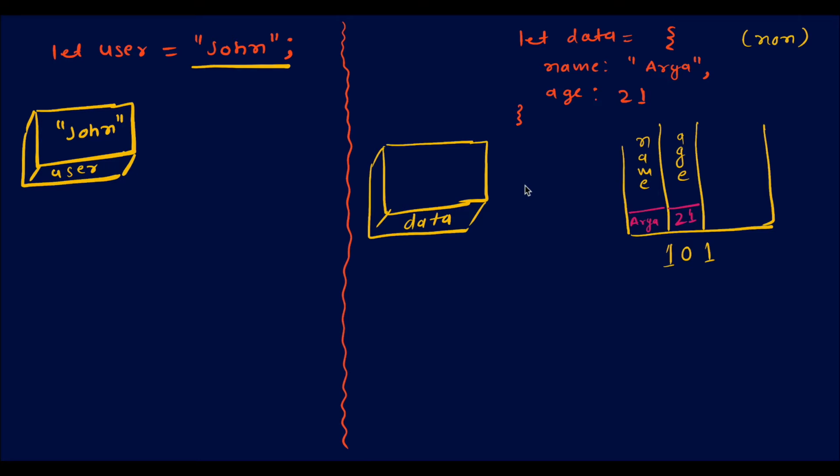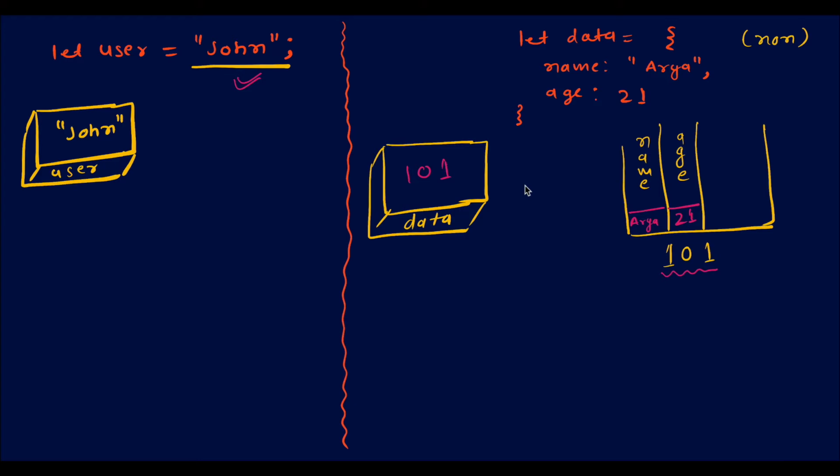So now you must be thinking, what gets stored inside the variable data? Inside the variable data, it holds the address of that memory where that object gets created. So here you can see the address is 101. And this is the basic difference between a primitive data type, that you can see here in John, and non-primitive, that is an object.